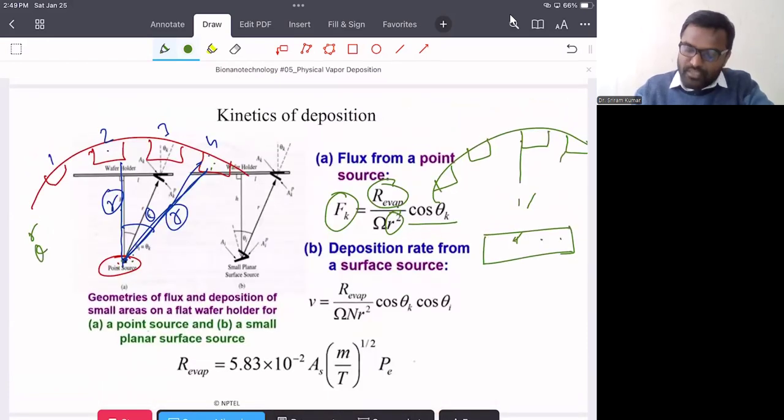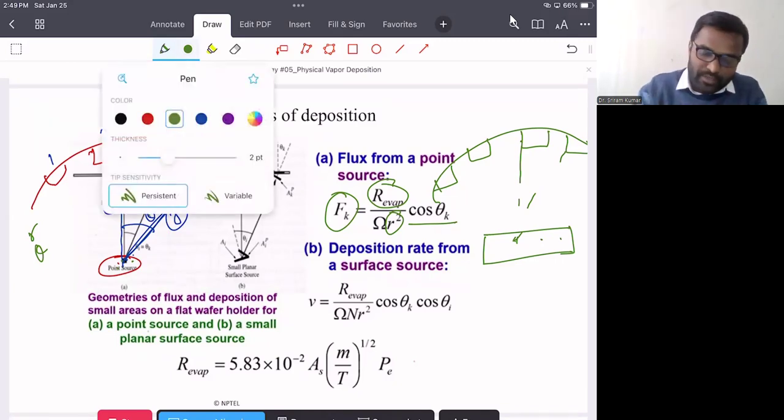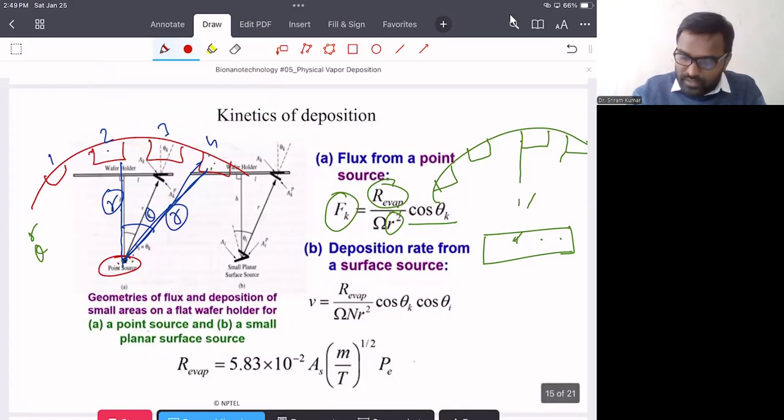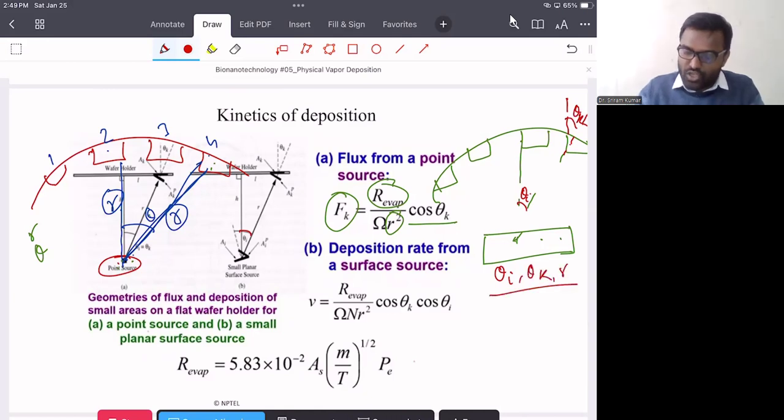In that case you will have a dependency on these parameters. One is theta. If this is theta i, and at the vertical point you have a different theta k, then you have theta k, theta i, and the radial distance. So in that case you have three variable parameters: theta k, theta i, and the radial distance.